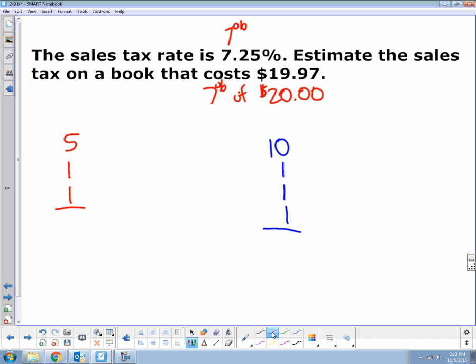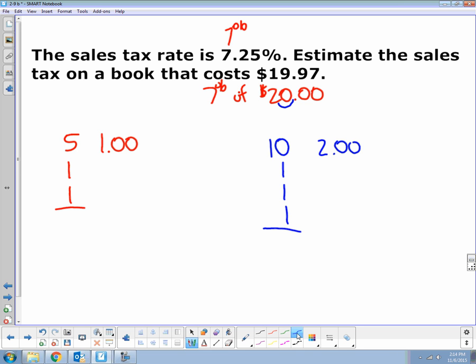So 7% of $20. Again, I can find 10% pretty easily. Move the decimal over. 10% is $2. If 10% is $2, 5% is $1, because it's half of 10%. Okay, so that wasn't so bad. 1%.